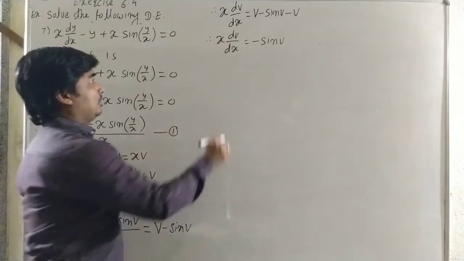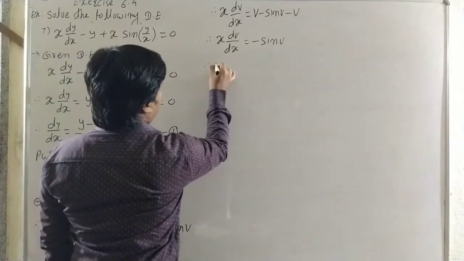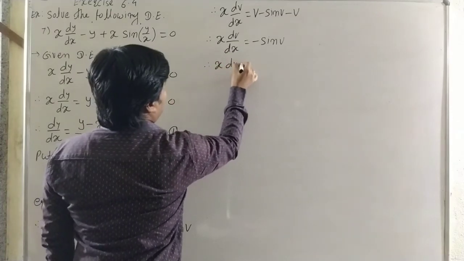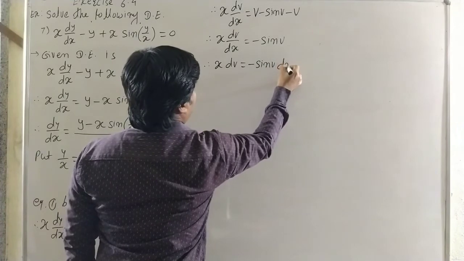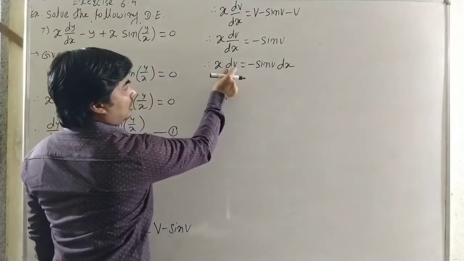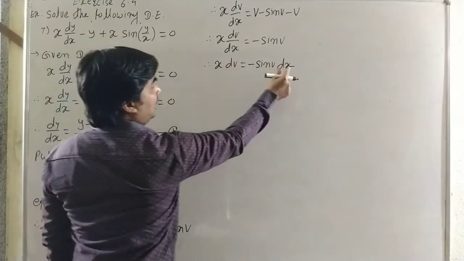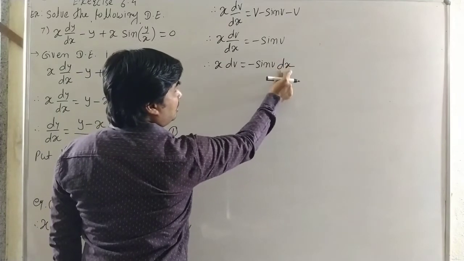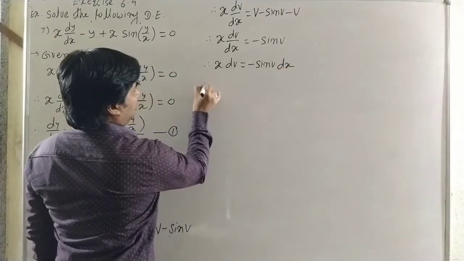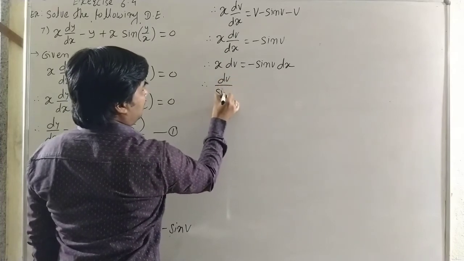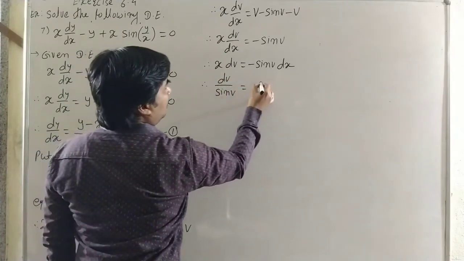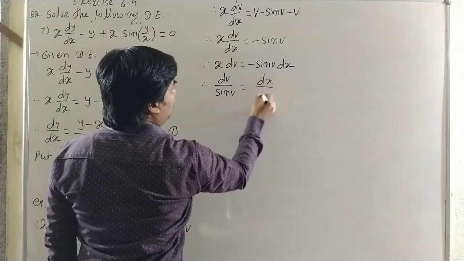Now separate the variables. First separate the differential coefficients: minus sin v dx. Now take all terms of v with dv and all terms of x with dx. Therefore dv upon sin v is equal to minus dx upon x.